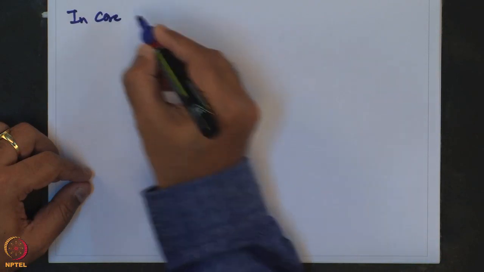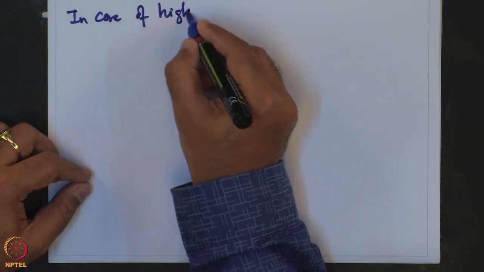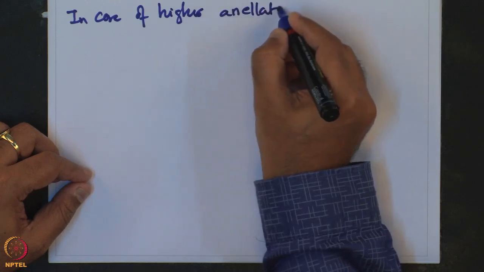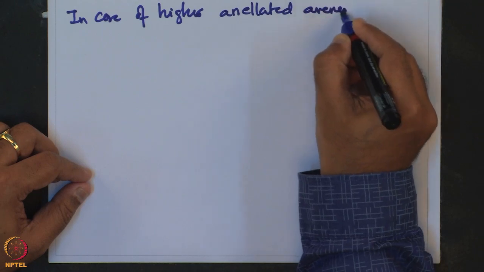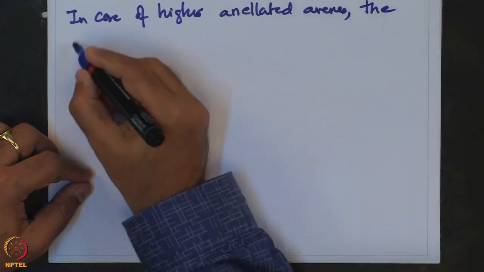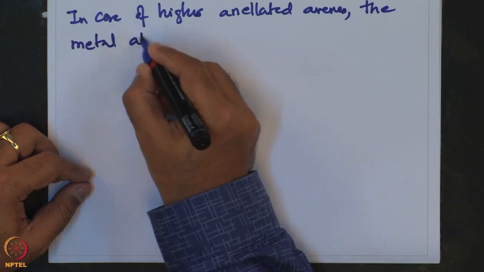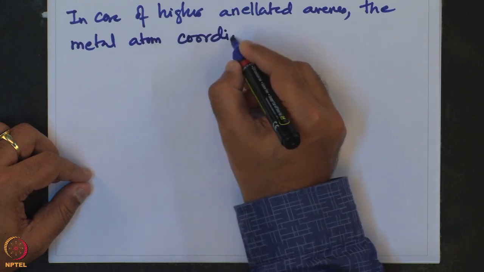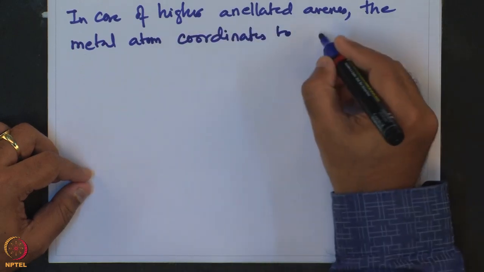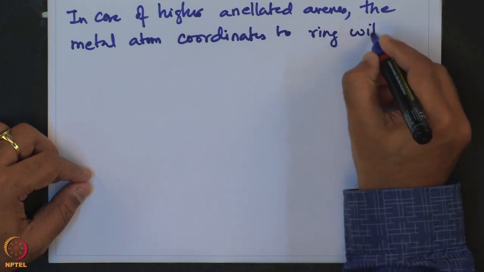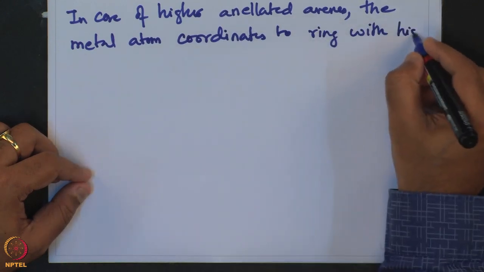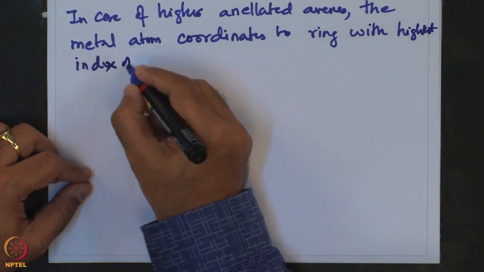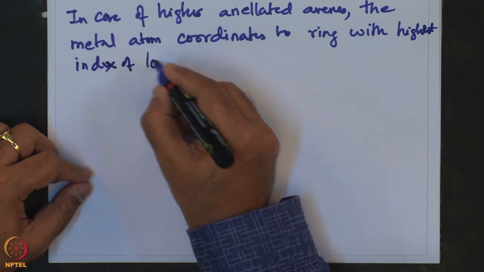In case of higher annulated arenes, the metal atom coordinates to the ring with the highest index of local aromaticity.